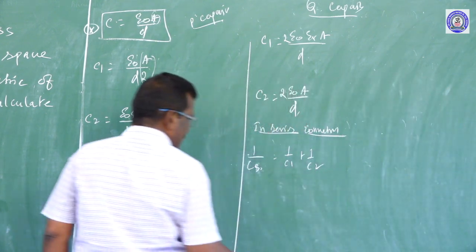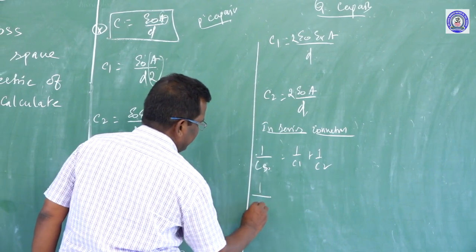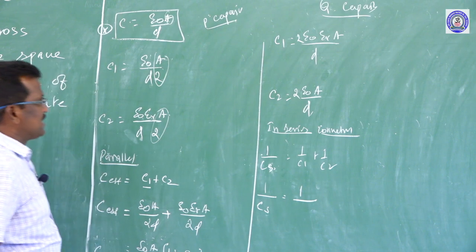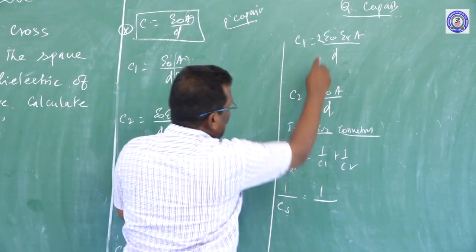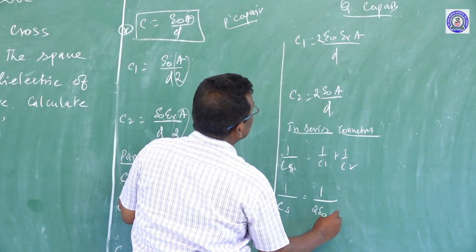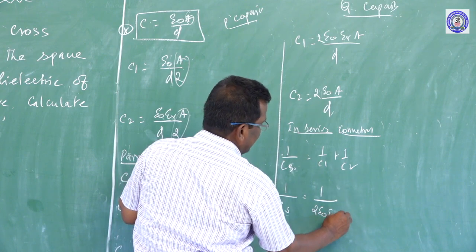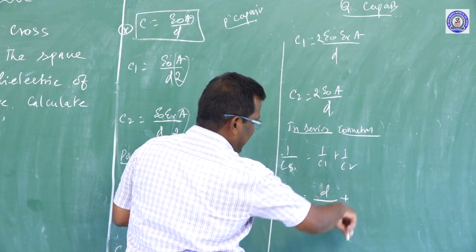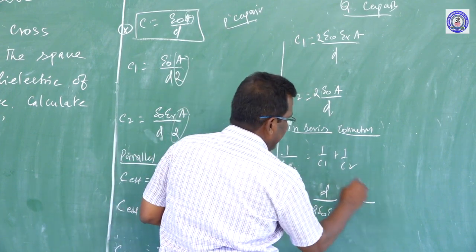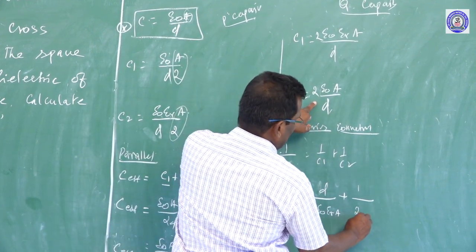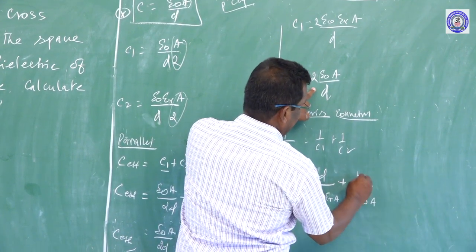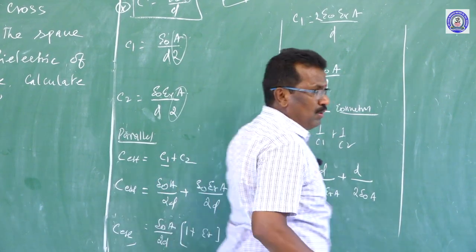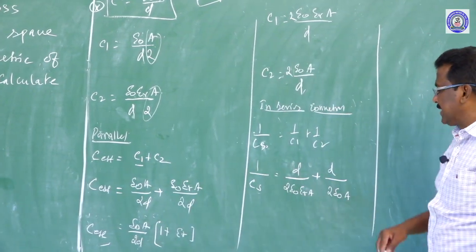So 1 by CS, or 1 by C effective, any one. 1 divided by what is C1? C1 is equal to 2 epsilon naught epsilon r A by D, plus 1 divided by C2 value, 2 epsilon naught A by D. Okay, now we calculate 1 by CS.